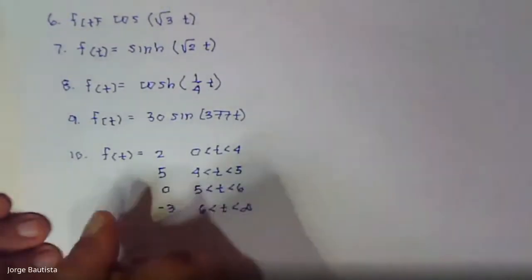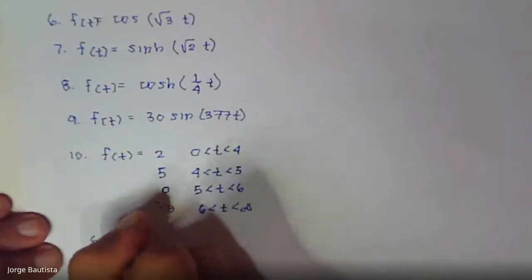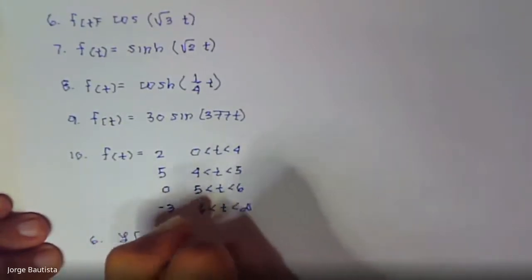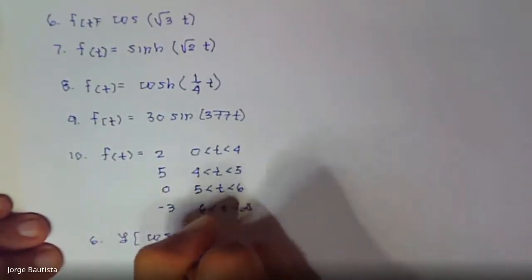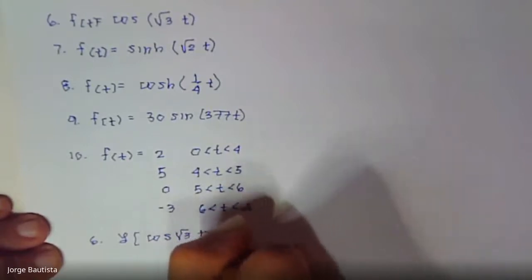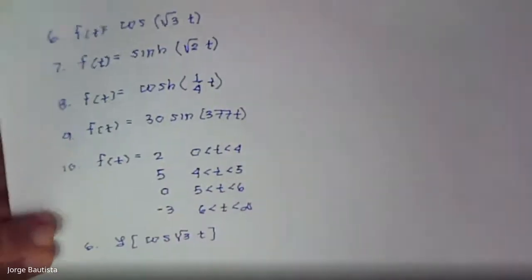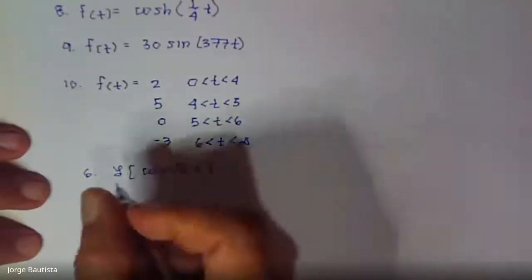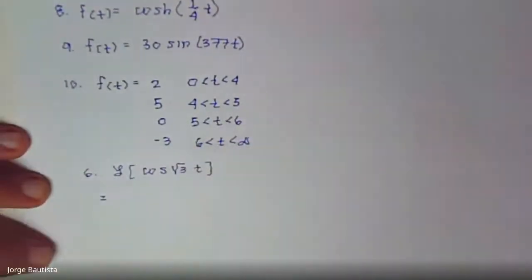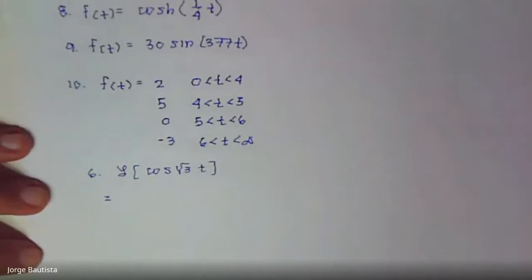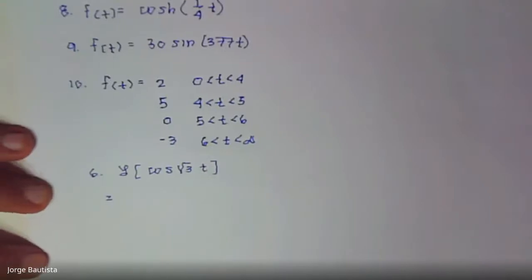So, yung question natin sa number 6, so that is Laplace of cosine square root of 3t. Okay, ayan. So, that will give you, okay, ang Laplace ng cosine is s over s squared plus omega squared.